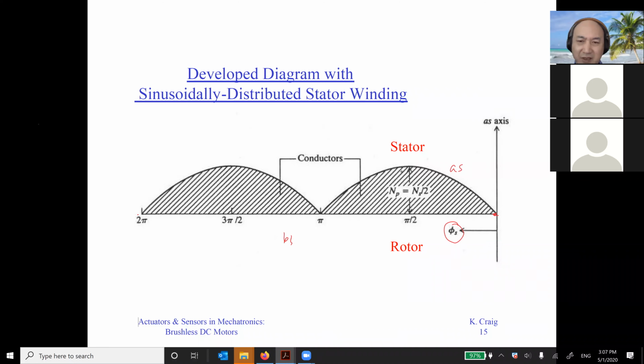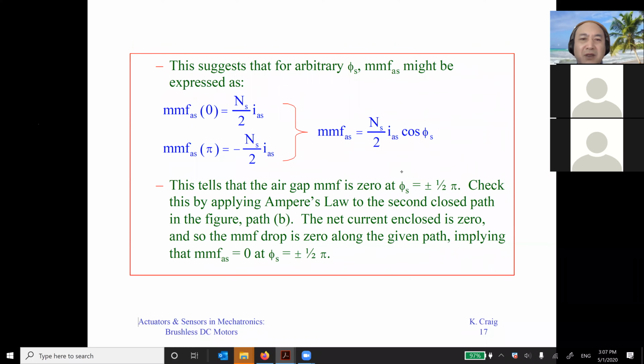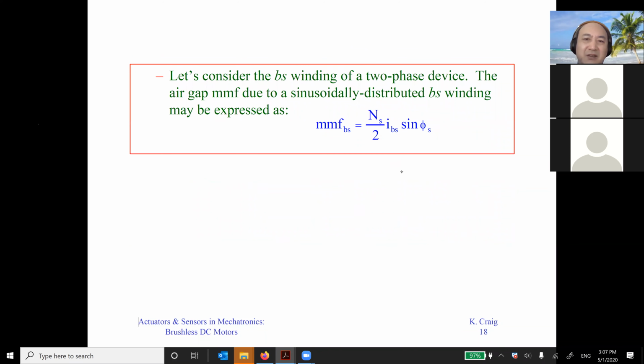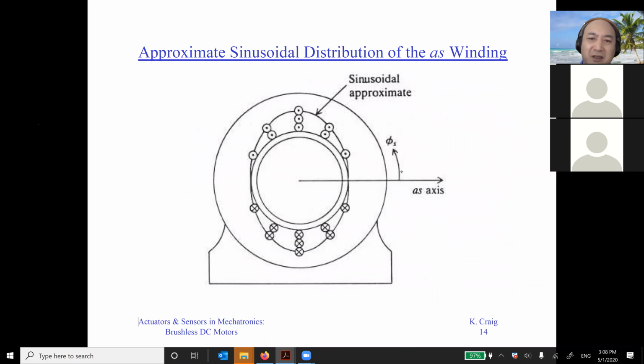So you have two phases here. We can derive that the rotating magnetic motive force is proportional to your angle, so it's sinusoidally changing. Remember phi S, what they define as phi S is this one. This is the angle.